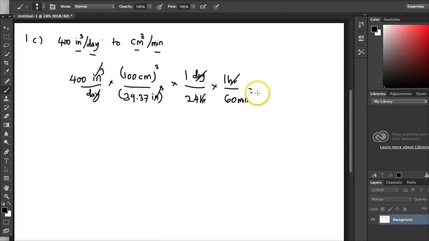From this calculation you get 4.552 centimeter cube per minute. So 400 inches cube per day gives 4.55 cubic centimeters per minute. So that's question 1C. Let's move to our next question.